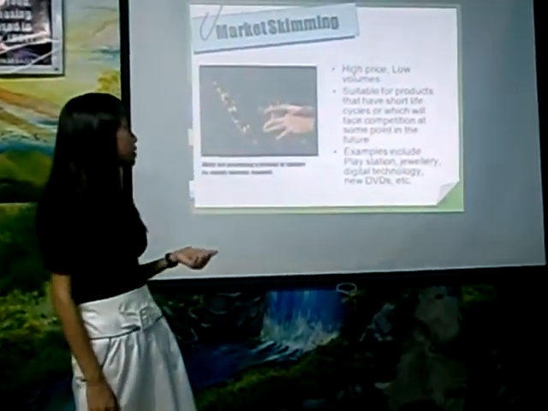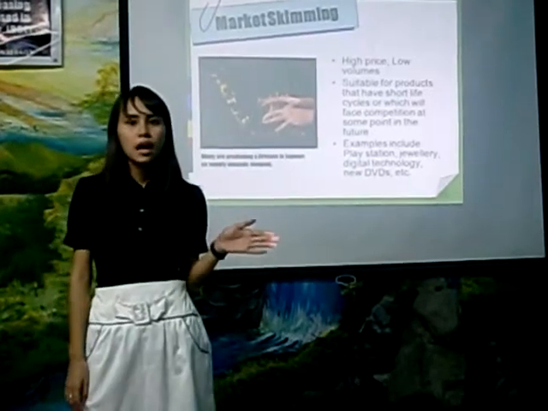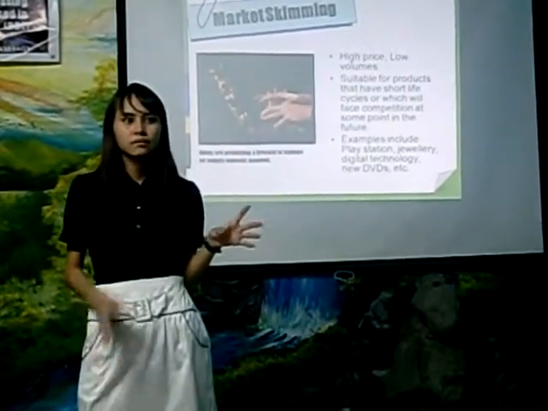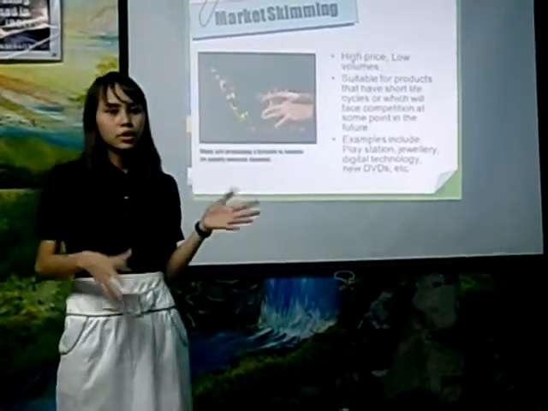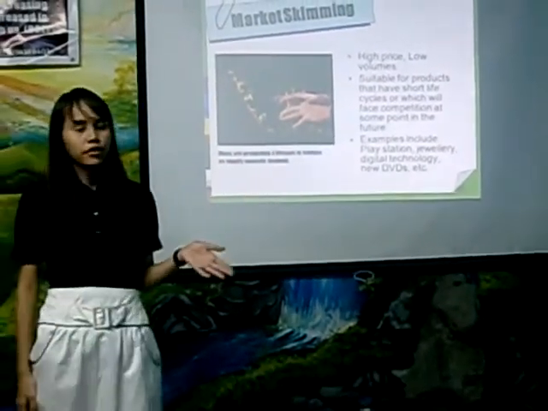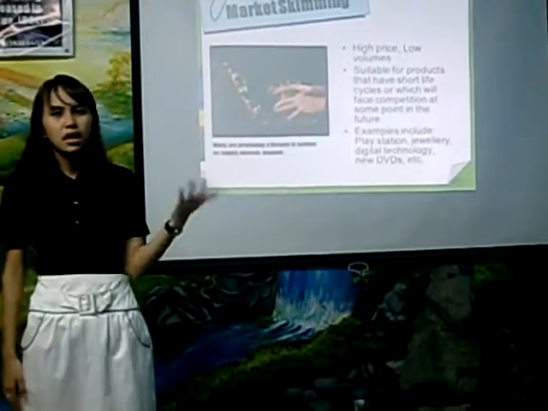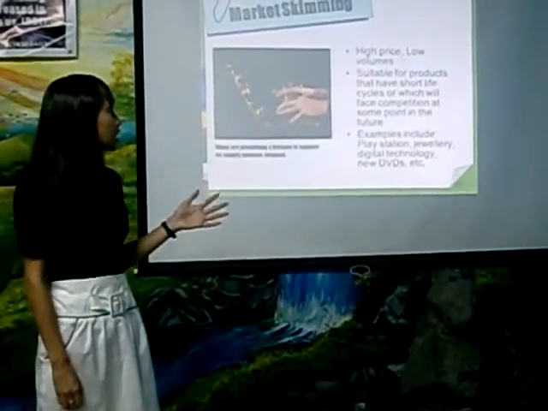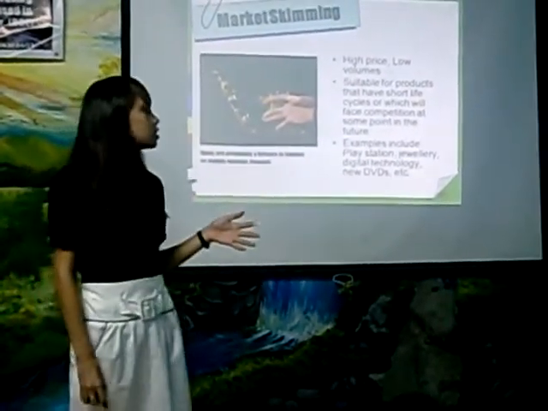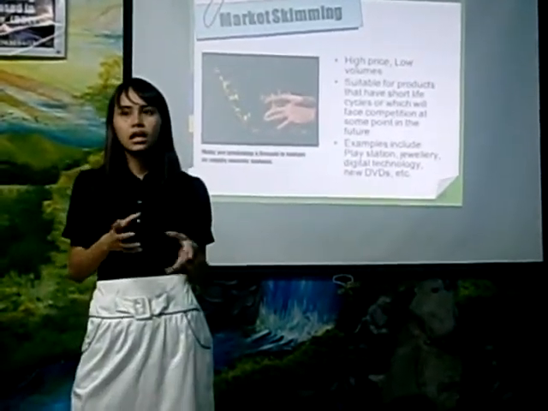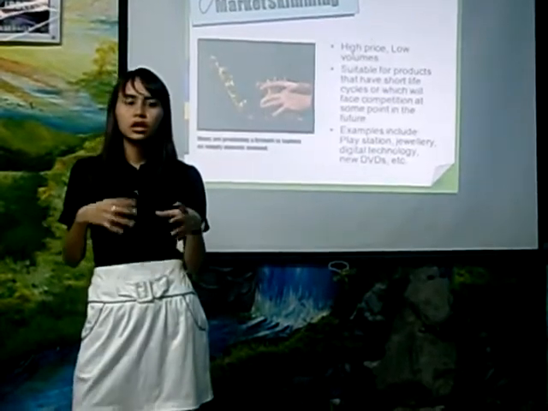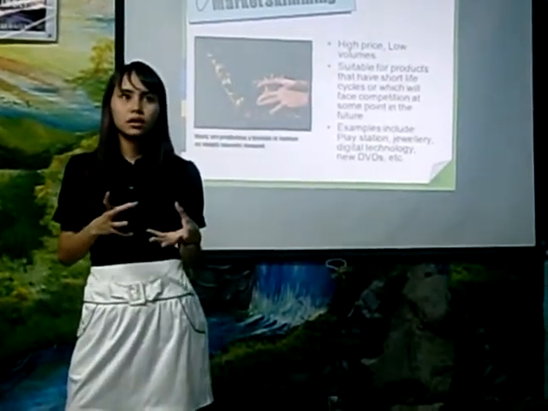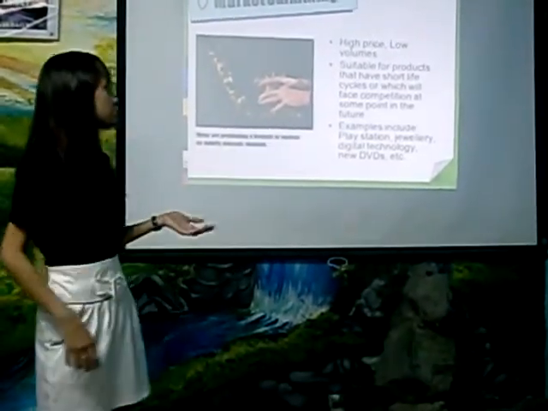So these are the products with a high price that can be bought in small volumes or in small number of pieces, for example the PlayStation. It has a short life cycle. In the next generation, they can always invent new technologies.